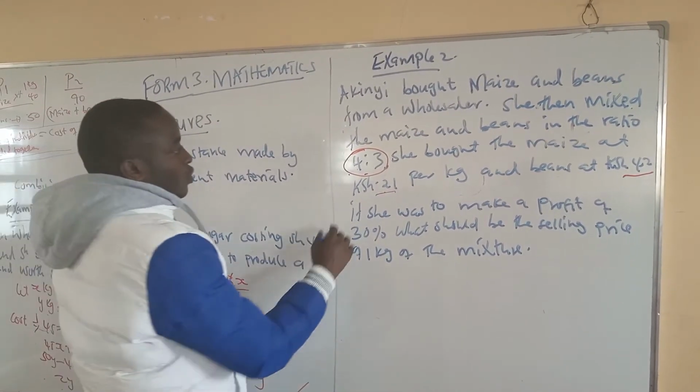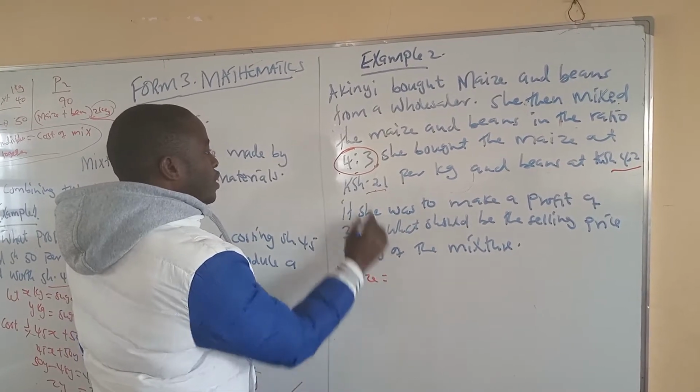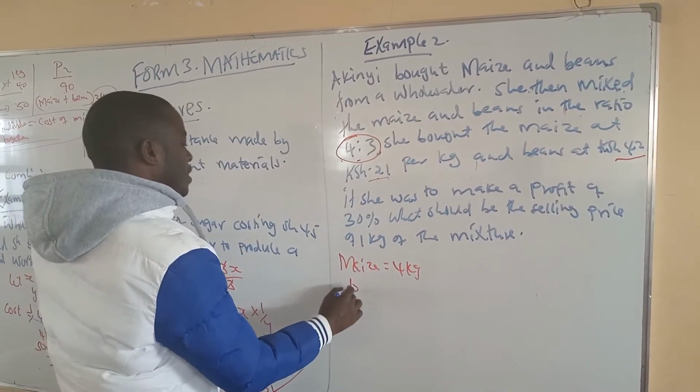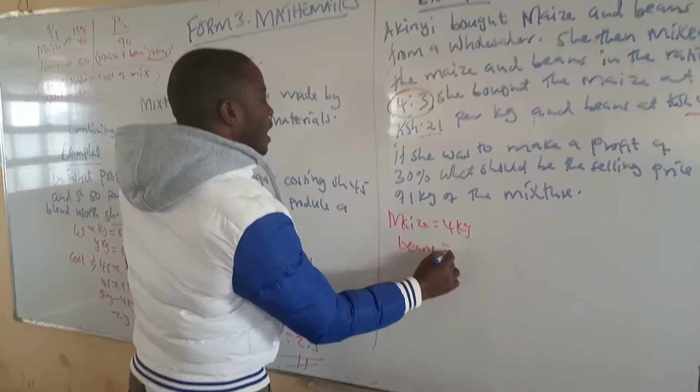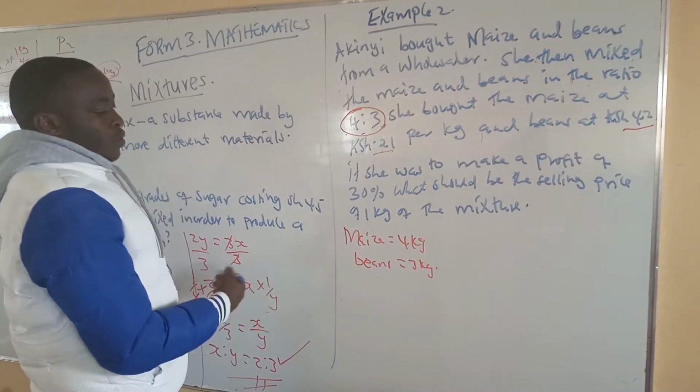So what you need to realize is that the maize were 4 kg, and the beans were 3 kg. So what was the individual cost of the two?